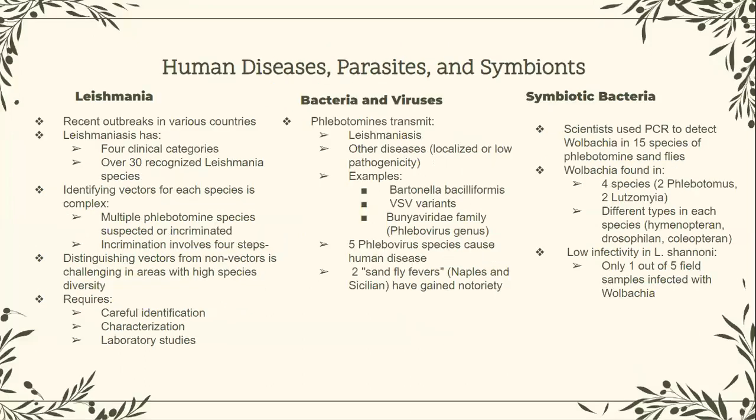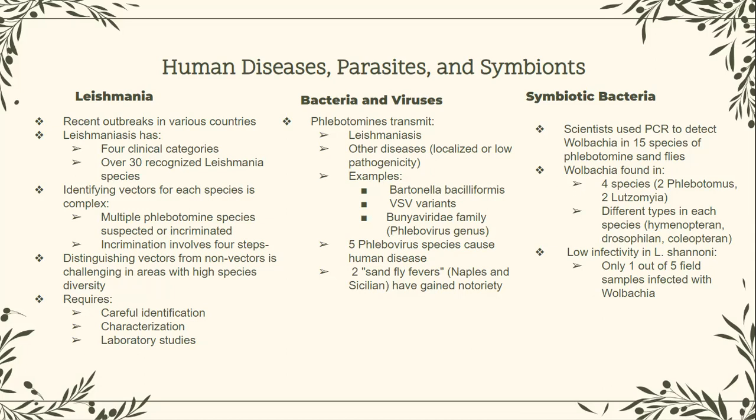And now for the human diseases, parasites, and symbionts. The relationship between phlebotomine sandflies and their parasites and symbionts has been thoroughly reviewed in various books and publications, but these associations range from obligate heritable endosymbionts to human disease organisms for which phlebotomines act as intermediaries.